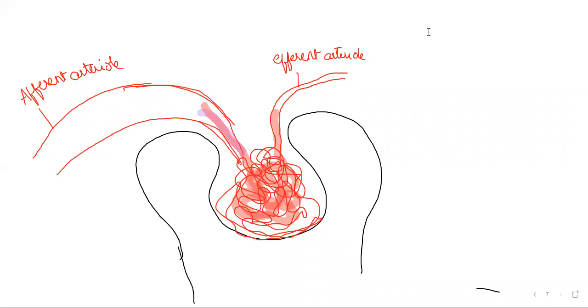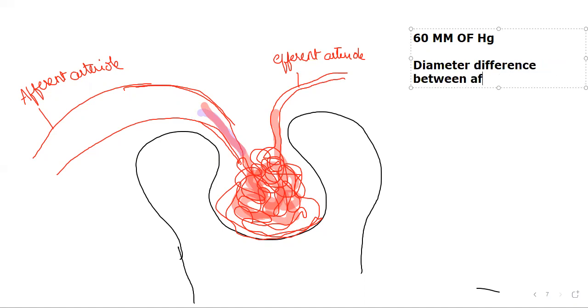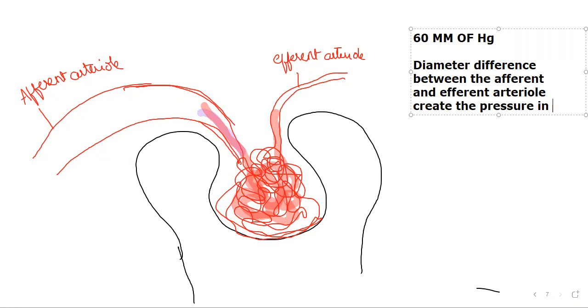The pressure created in the glomerulus is 60 mm of Hg. How is the pressure created? That we need to see. The diameter difference between the afferent and efferent arteriole creates the pressure in the glomerulus.